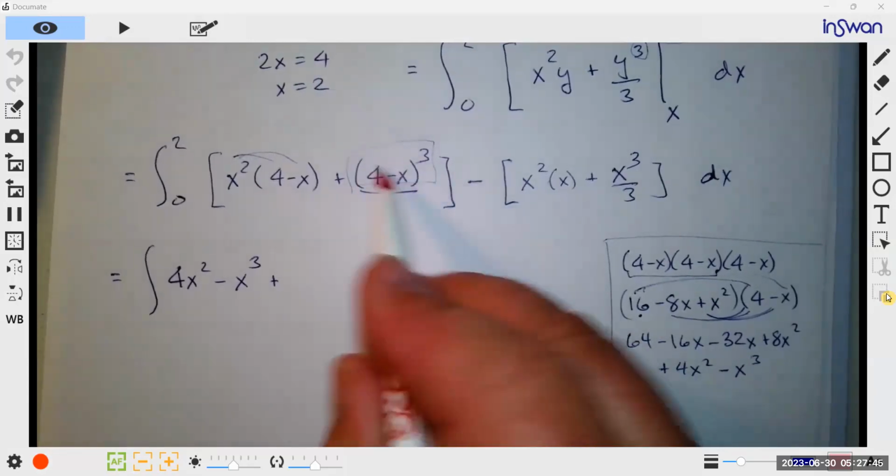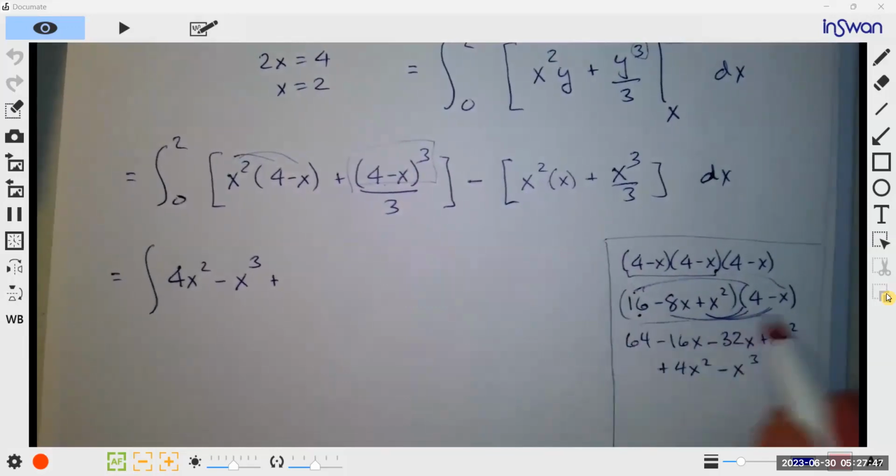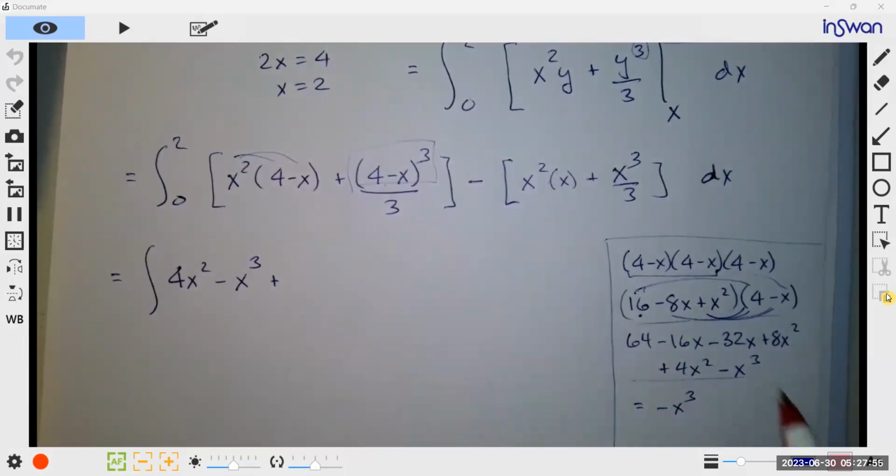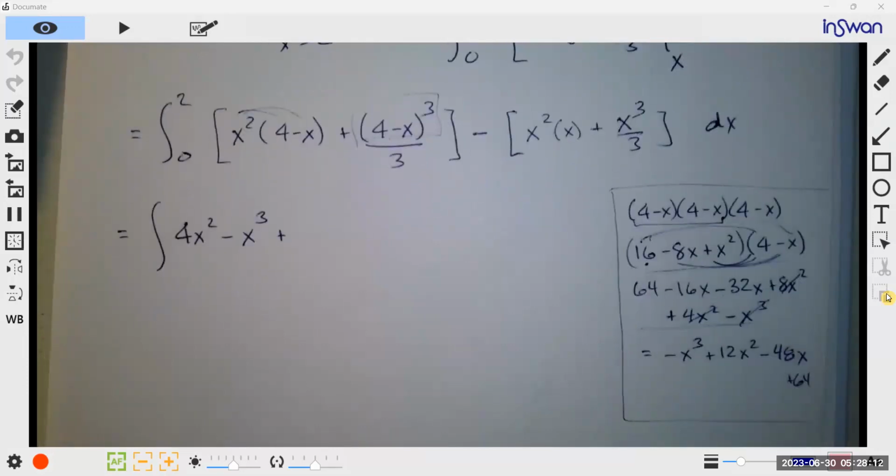This is just a numerator. So that becomes, combine like terms, we have negative x cubed. 4 plus 8 is 12x squared. Negative 32, negative 16, plus 64.